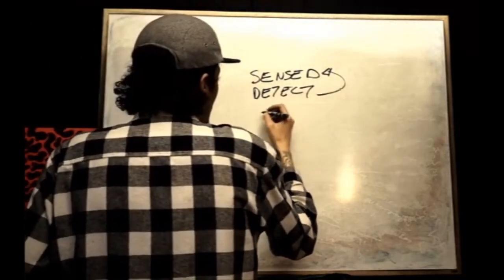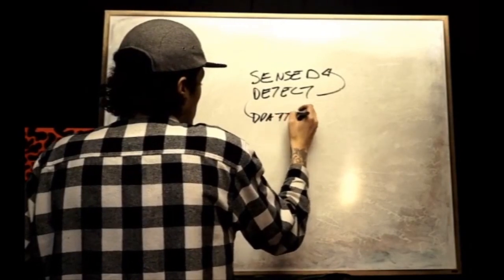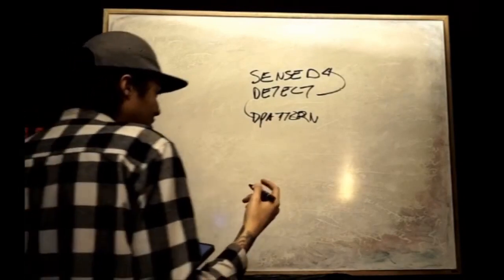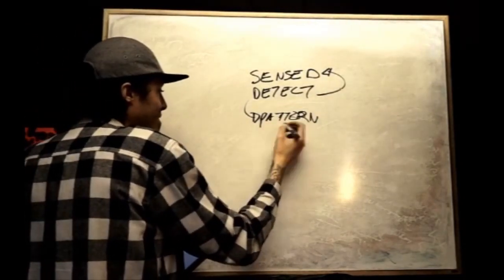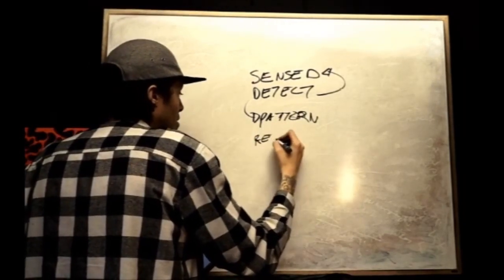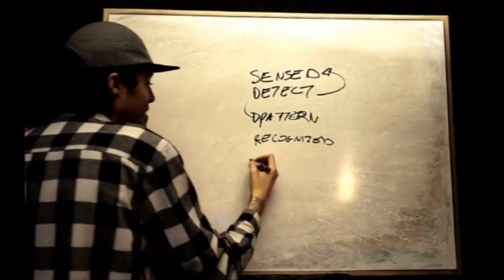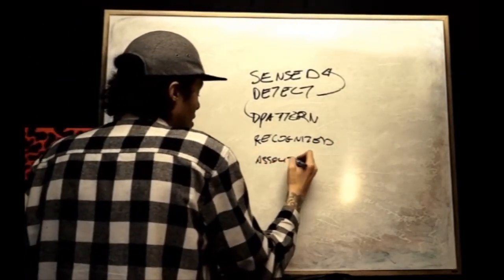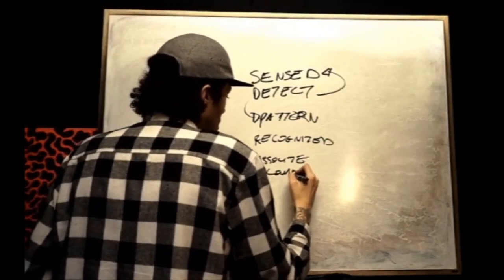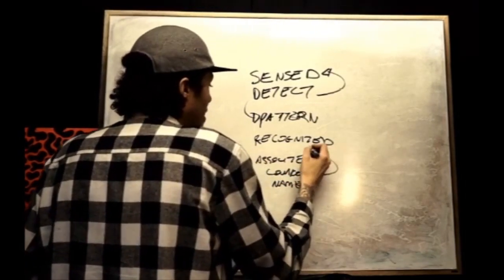And then from what you detect, you create a pattern, and then from the pattern, it's got to get recognized. The pattern has to be recognizable. And then, after you recognize it, you got to associate the correct concept or name to what's recognized.